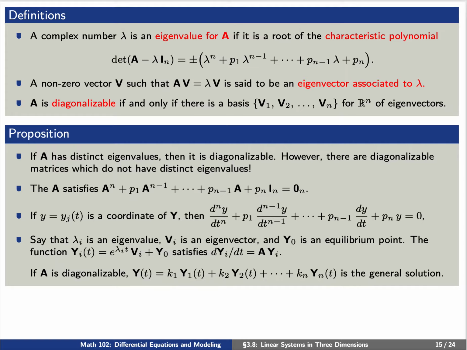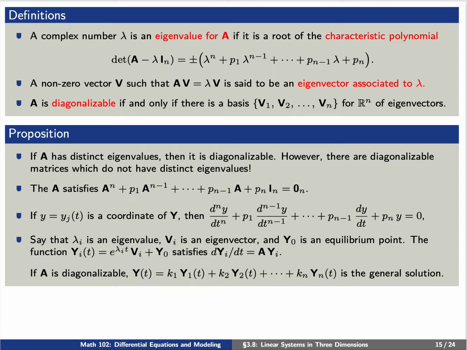Next, the matrix A satisfies a curious equation involving n by n matrices. That is, A to the n plus a constant p1 times A to the n minus 1, and so on, plus p sub n minus 1 times the matrix A plus p sub n times the n by n identity matrix equals the n by n zero matrix.